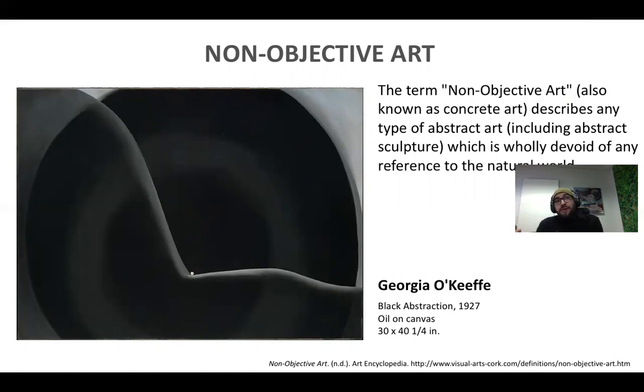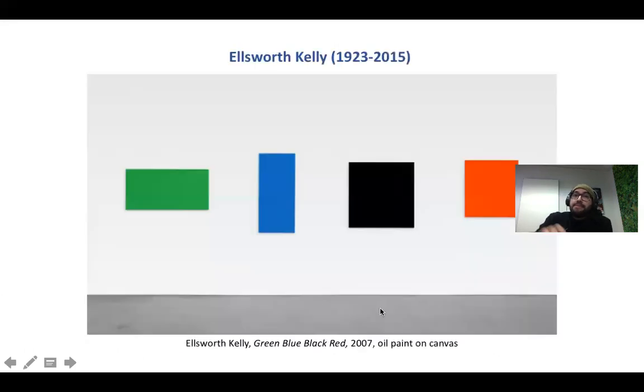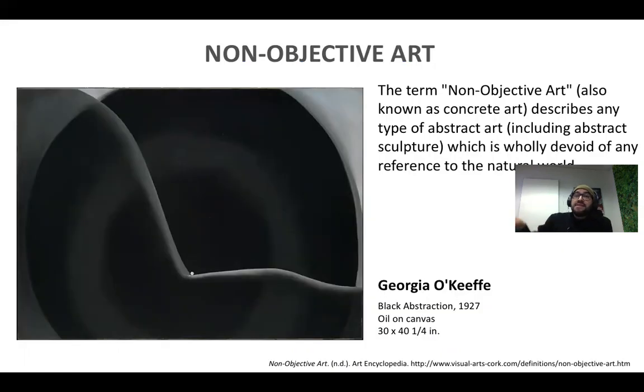She's creating form through the use of light to give these things an illusion of depth. They feel very massive and heavy just due to their color. But she simply names it Black Abstraction without any association to anything, whether a landscape, a body, whatever you name it.